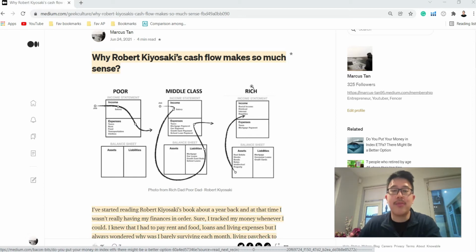So that's why the rich are able to, even when they're not working, they could be sleeping or resting or just laying around, still earn money because their income producing assets are paying them money, as opposed to when you look at the chart for the poor and middle class person.